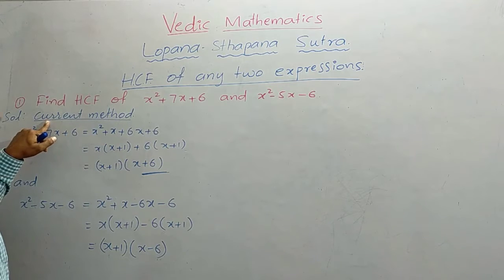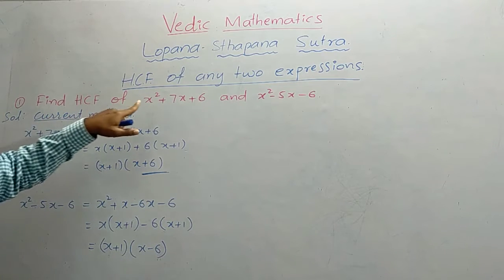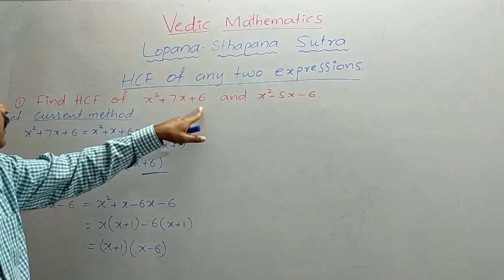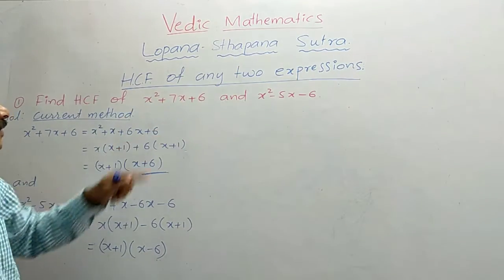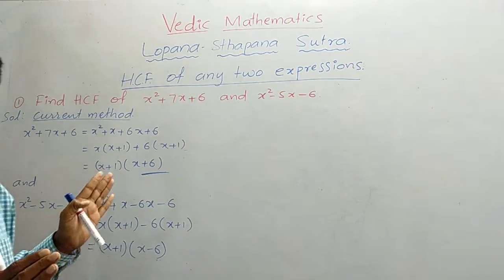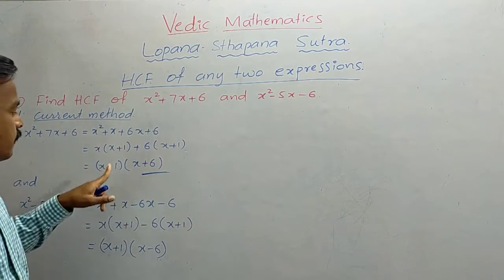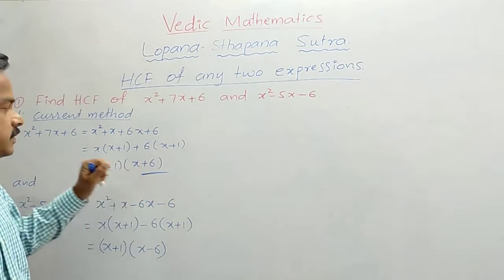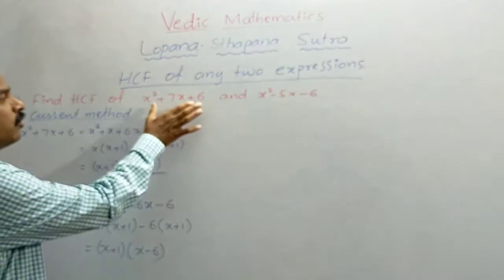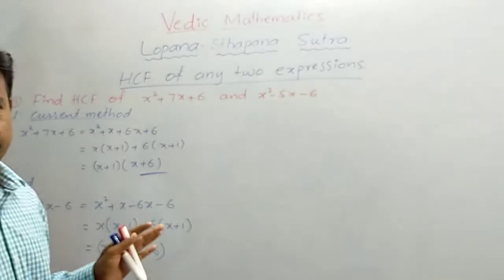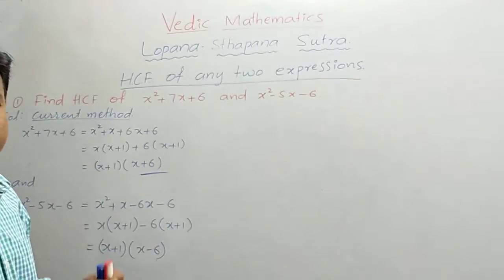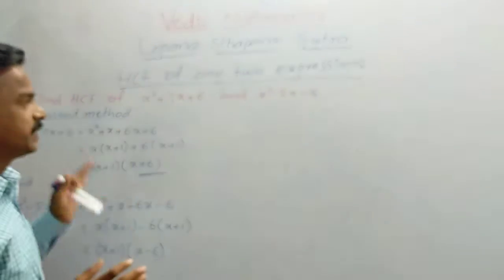By using the current method, first we have to express each quadratic expression as a product of two factors. That means we have to factorize these two expressions. The first one is x square plus 7x plus 6.